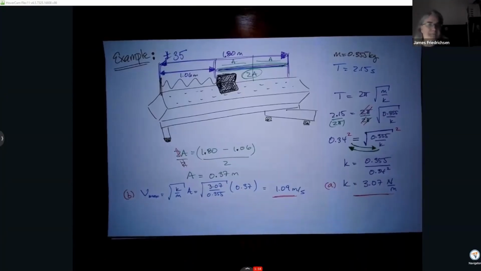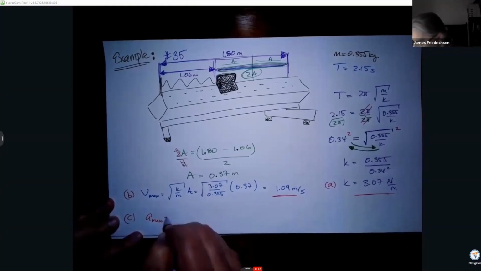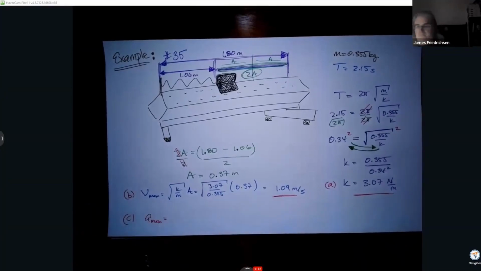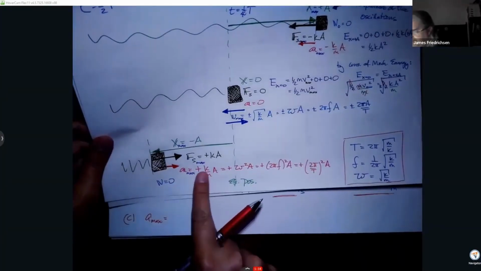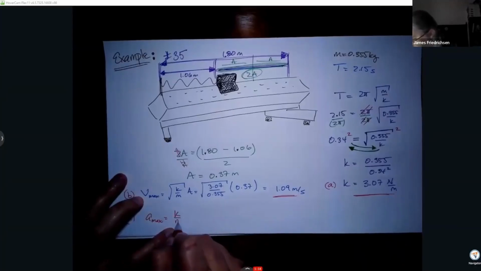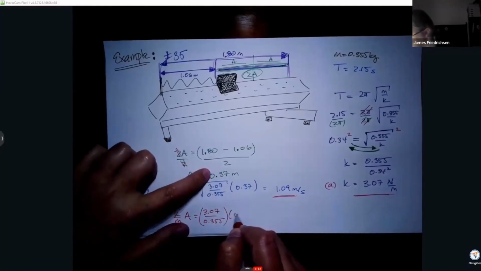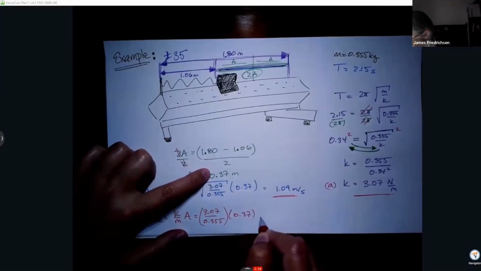And then they wanted the magnitude of a max. The a max magnitude is k over m times the amplitude. So our k is that 3.07, the mass is 0.355, and the amplitude is 0.37.